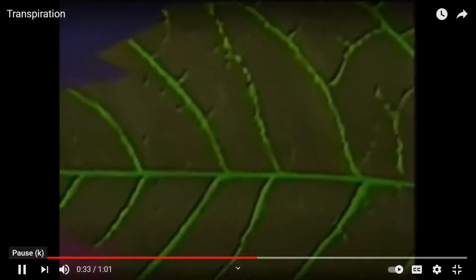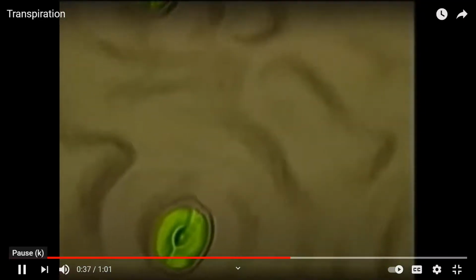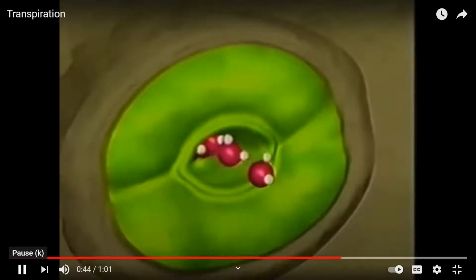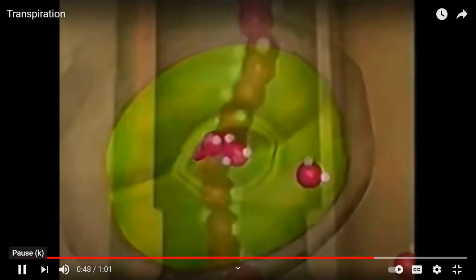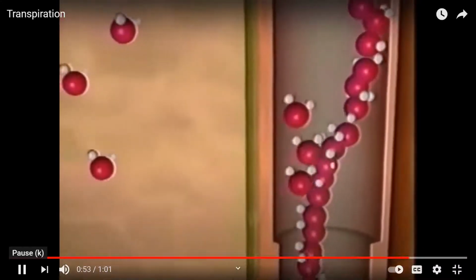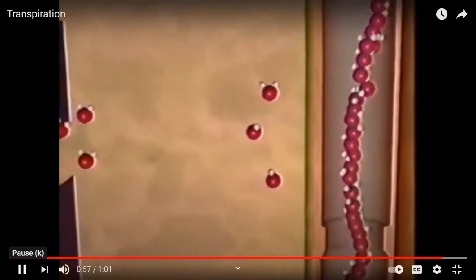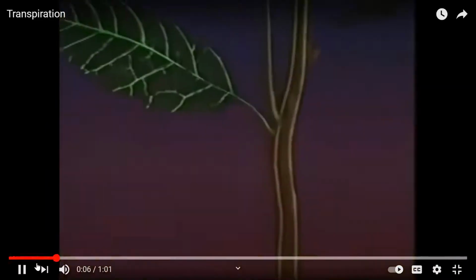At the leaves, water escapes the xylem and evaporates through microscopic pores on the surface called stomata. As each molecule breaks loose, it pulls up another molecule to take its place. This continuous pulling tension extends all the way down the xylem tube to the roots. Here, the rising chain of molecules keeps pressure low, allowing water and nutrients to enter through osmosis.